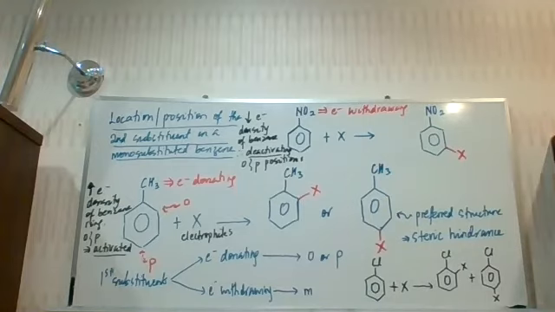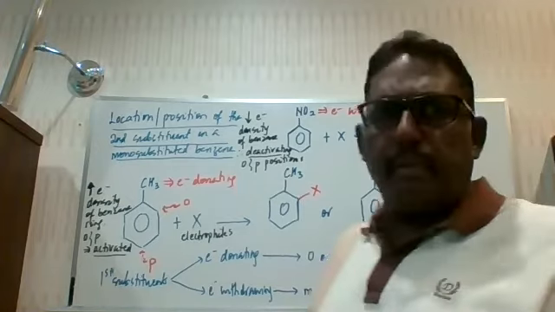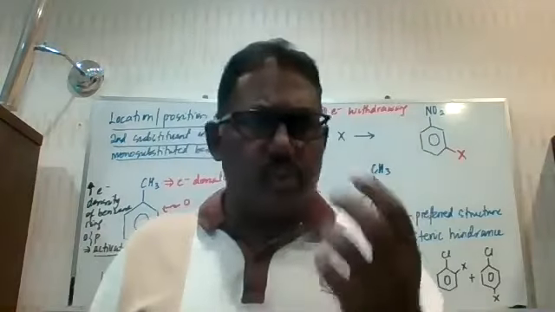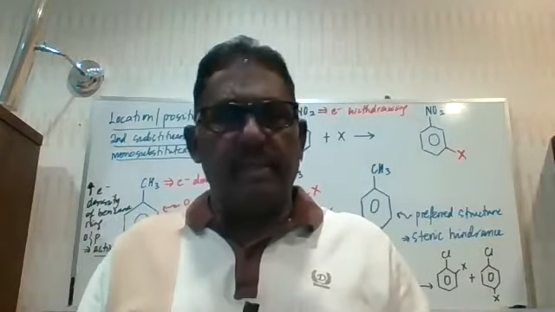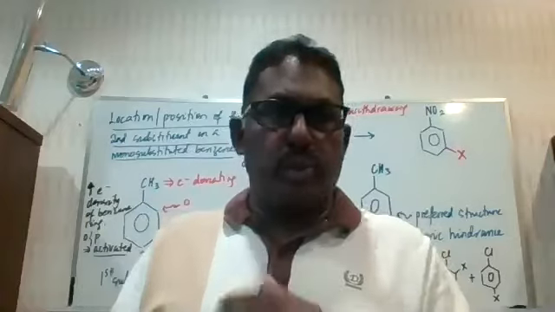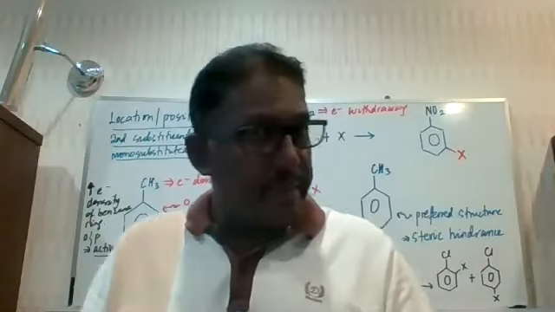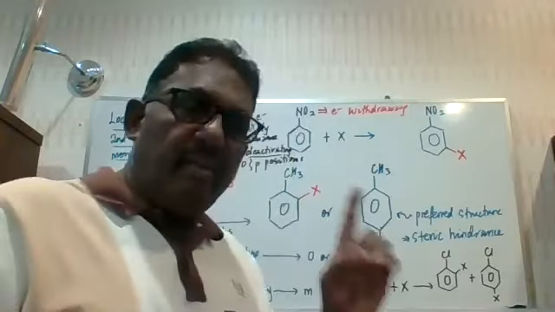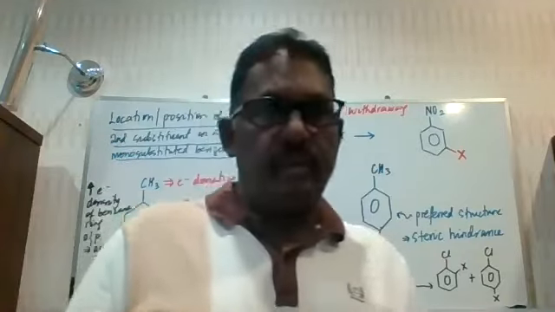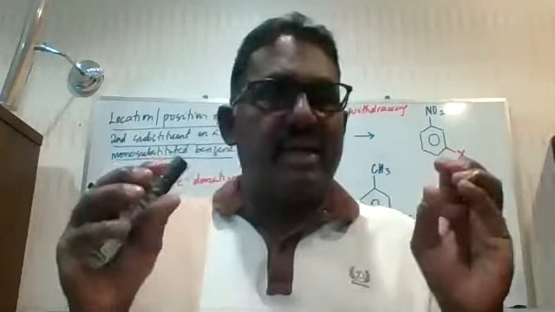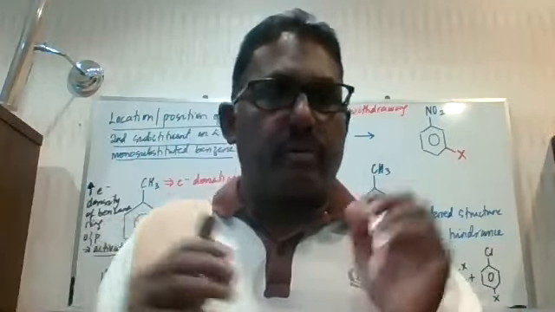Okay, so I have come up with a simpler idea for my students. This is what I want you to use. What idea am I talking about? Look at the first substituent. You need not categorize it as electron donating or electron withdrawing.